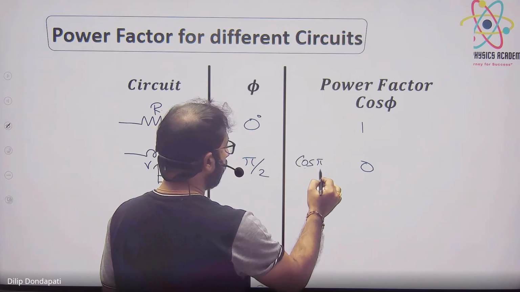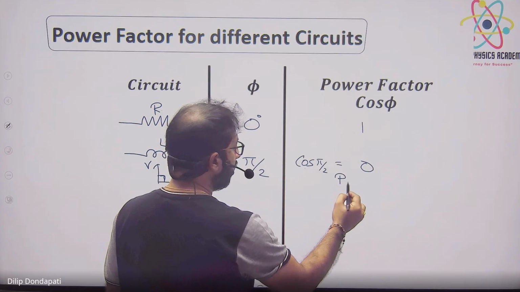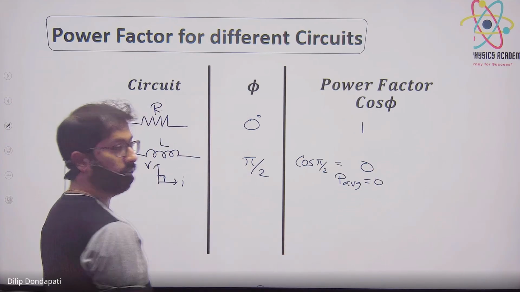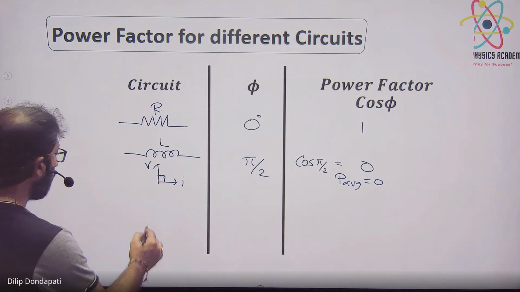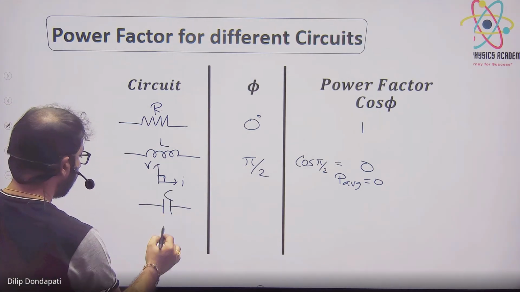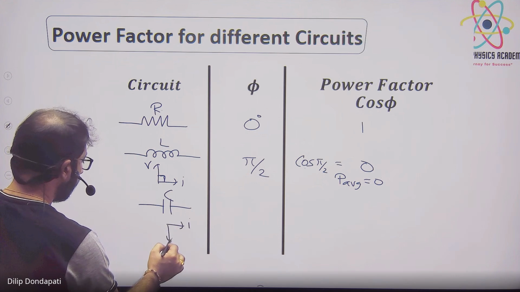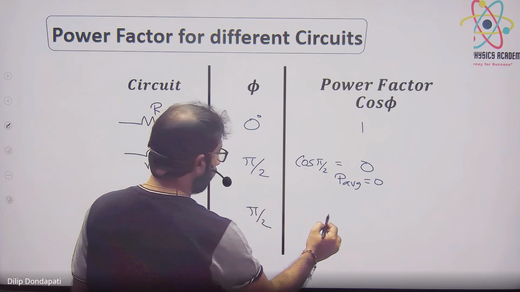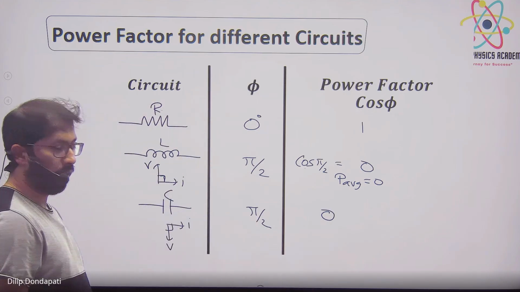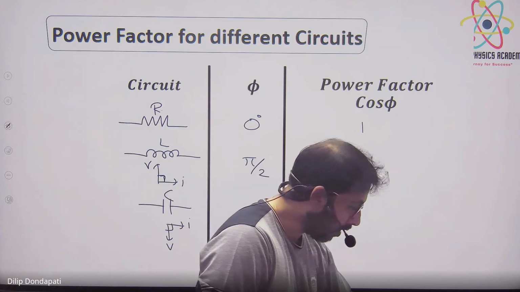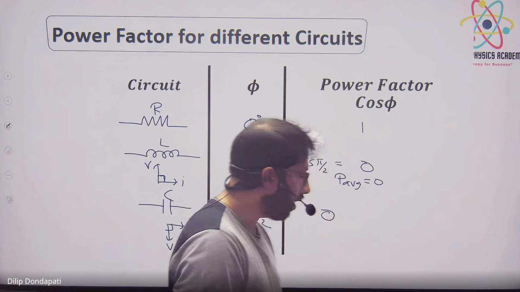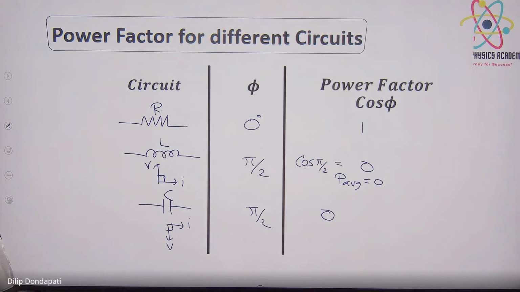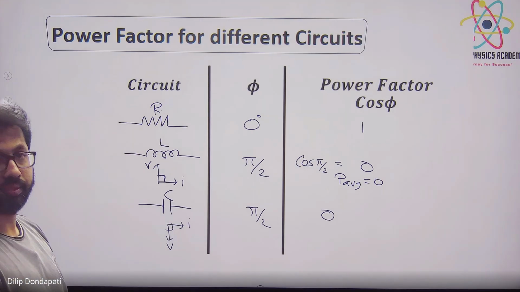Cos pi by 2 is equal to 0 and average power will be 0. Similarly, capacitor में current and voltage are apart by pi by 2, and cos pi by 2 is 0. So average power is also 0. Now same way उधर RL and RC भी लिख दो, because numericals से बहुत helpful होगा भाई. RL में phi is phi only and power factor is R by Z.